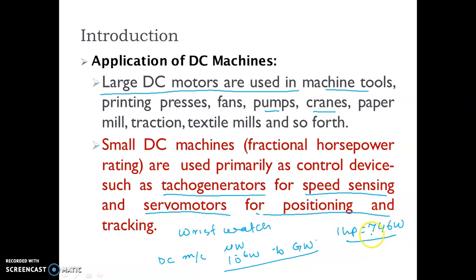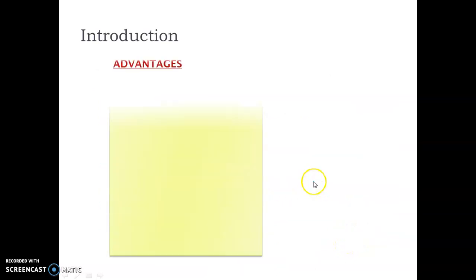Fractional horsepower means the machine has less than 1 horsepower capacity, and 1 horsepower equals 746 watt. So even below 746 watt we are using DC machines. So these are some applications.